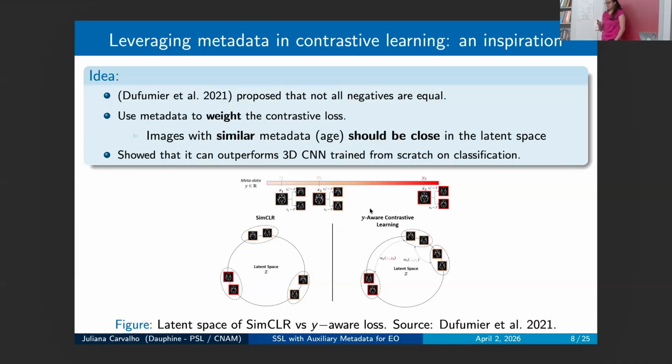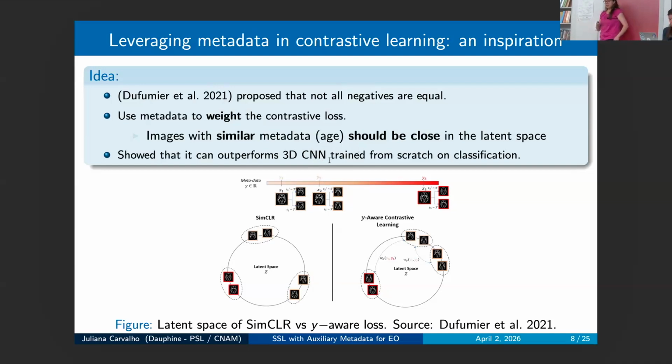Their idea was to work with brain scans of patients, where they wanted to say whether a patient has Alzheimer's or not. For this, they used metadata that they had, which was the age of the patients. They expected that patients with similar age would have the same diagnosis of a disease.